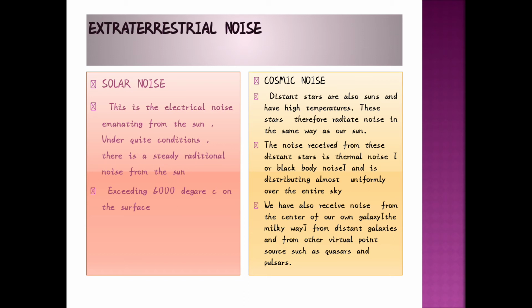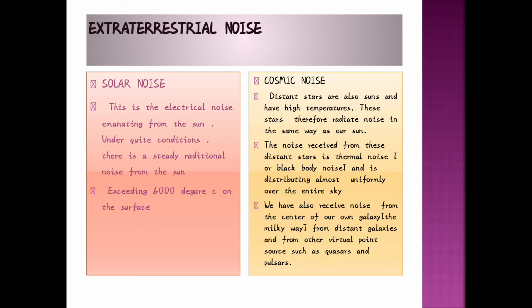Next one, cosmic noise. The distant stars, which are also suns, have a high temperature. The stars therefore radiate noise in the same way as our sun. The noise received from the distant stars is thermal noise, that is black body noise, distributed almost uniformly over the entire sky.